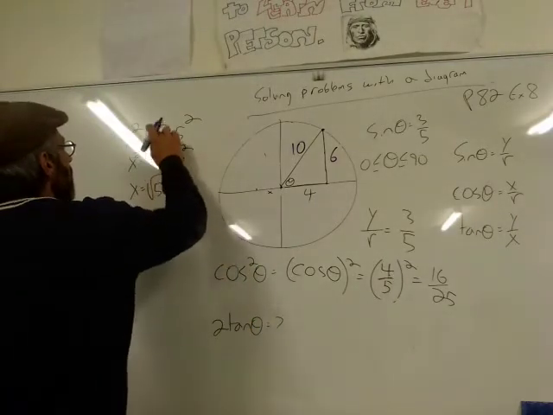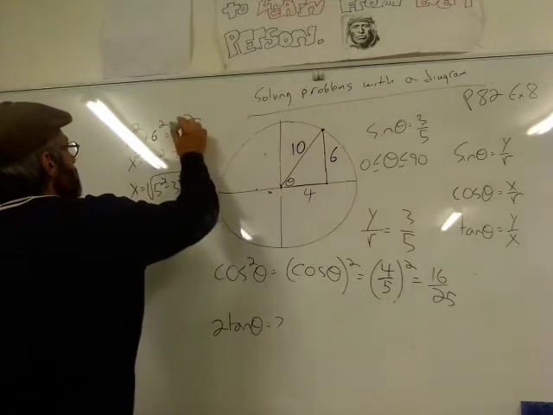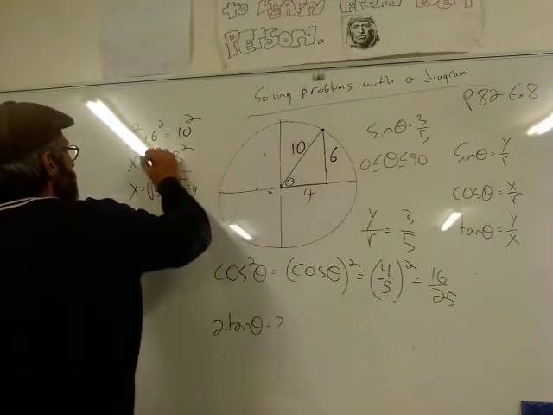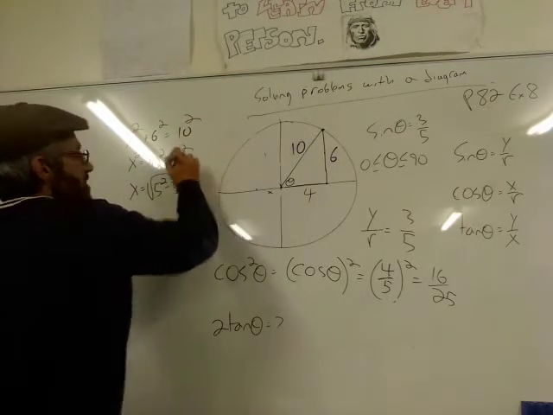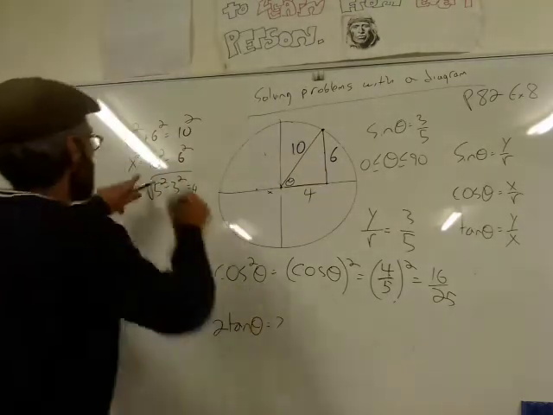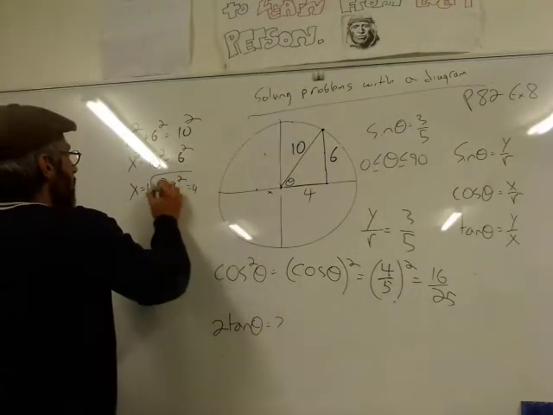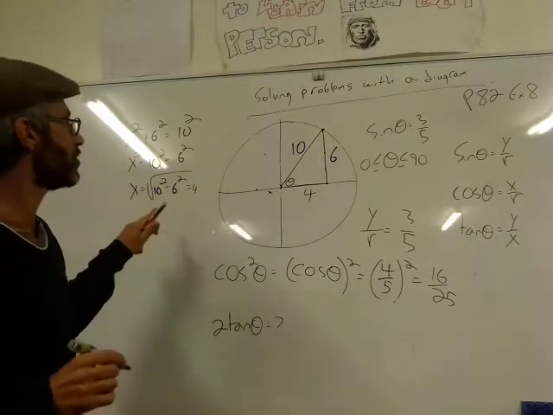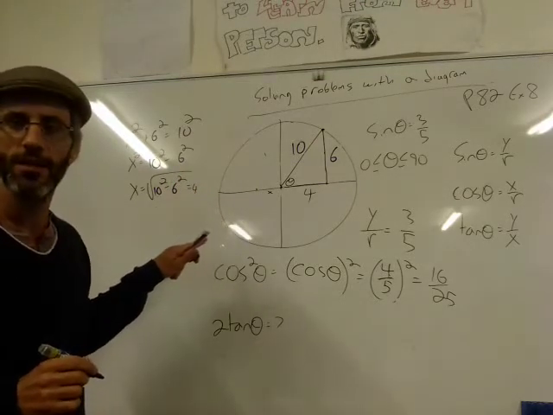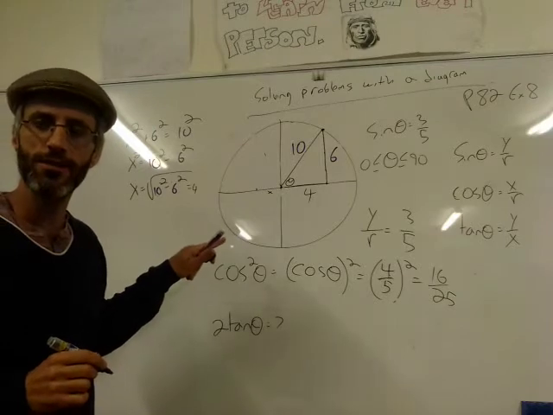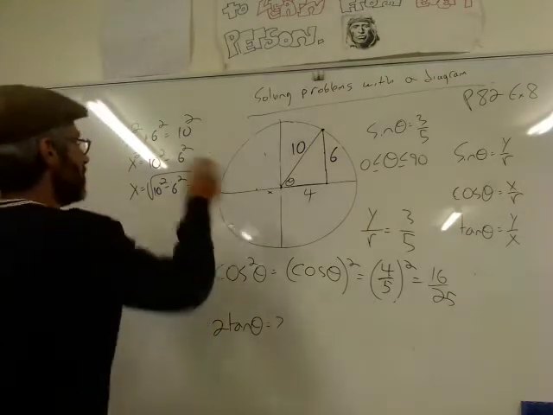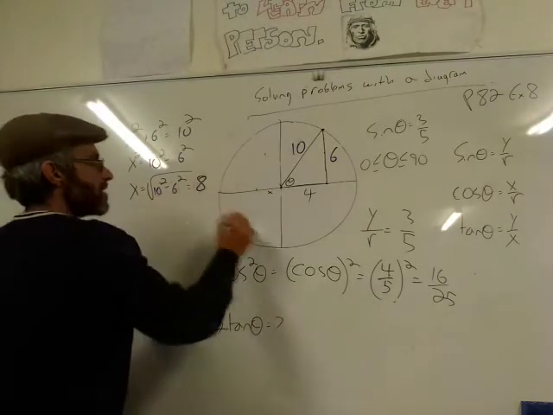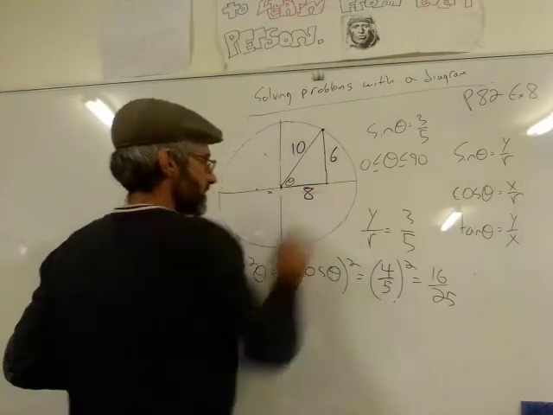If this is 6, this is 10. I'm just updating. Okay, I doubled each one of the sides. Okay, 10 squared minus 6 squared, how much is that? 100 minus 36 is 64. Square root of 64 is 8. So x is 8.